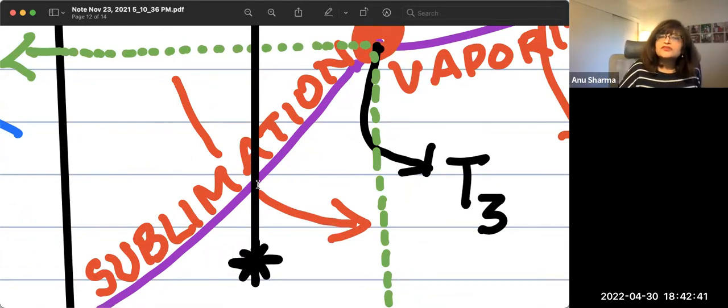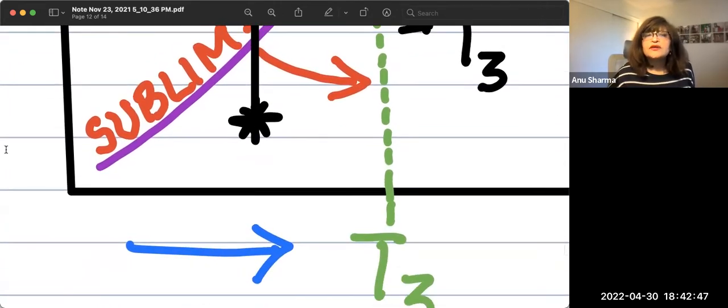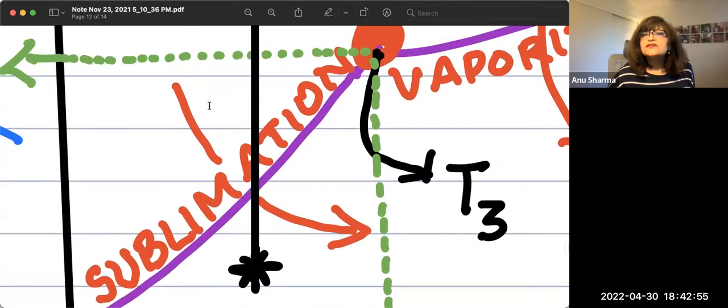When you heat the solid, it converts to a gas, and that process is called sublimation. So as you increase the temperature of a solid, it begins to convert to a gas. So this line means sublimation.